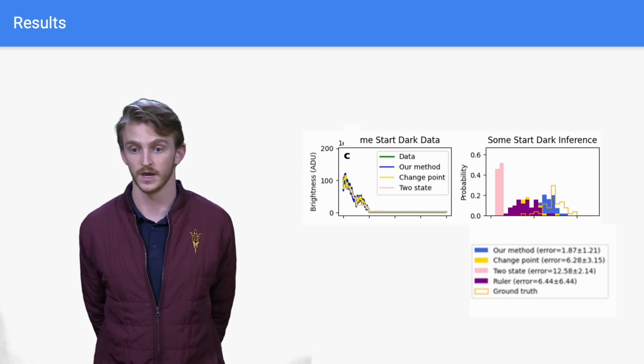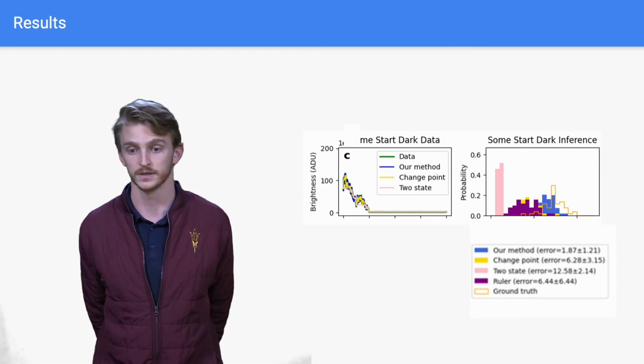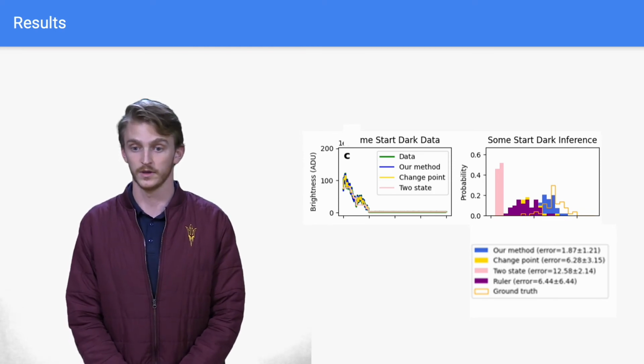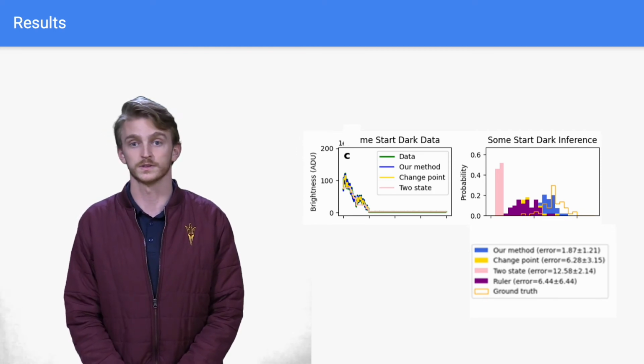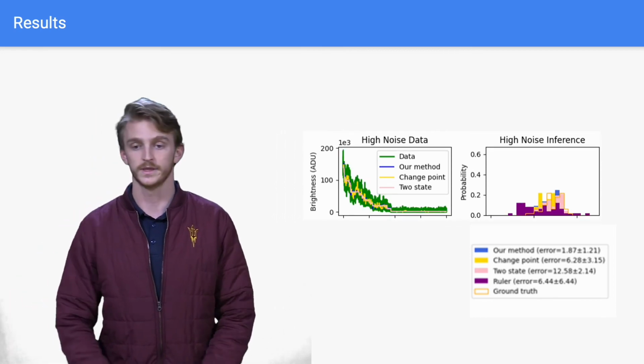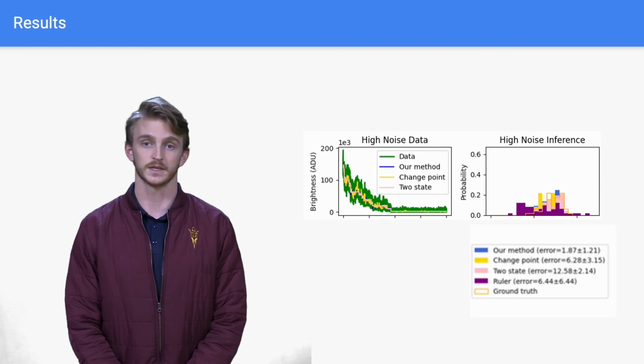These other methods do not take into account that some of the fluorophores can start dark, whereas ours does. For that reason, our method is able to infer a more accurate number of fluorophores than the other existing methods.